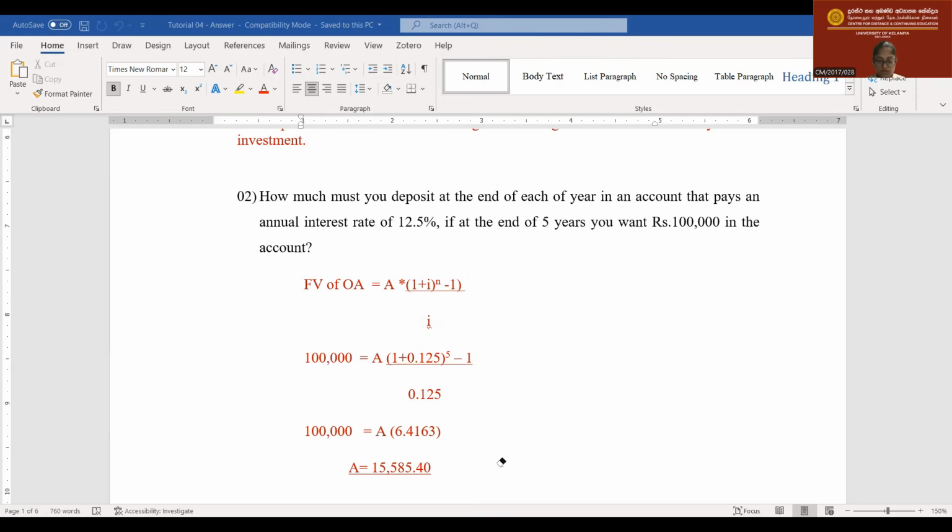Press 1 plus 0.125. You can obtain 1.125. Keep it and press the hat sign, that means the power, right? 5. Then you can obtain 1.8020324707. Keep it and press minus, the subtraction, and 1.